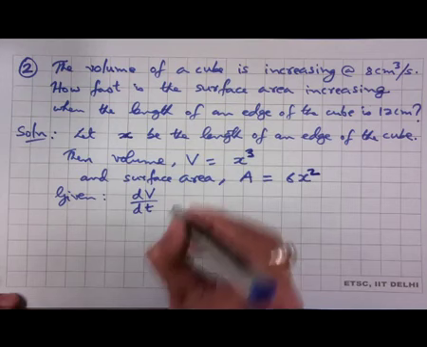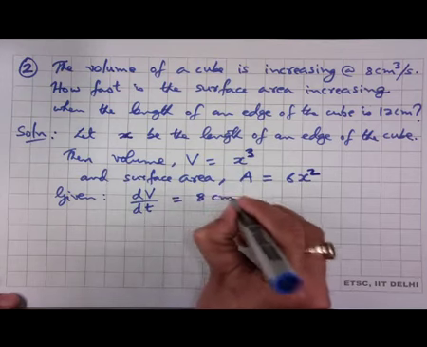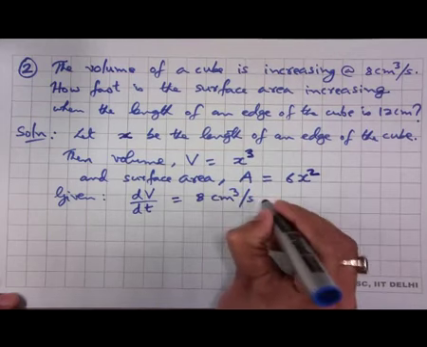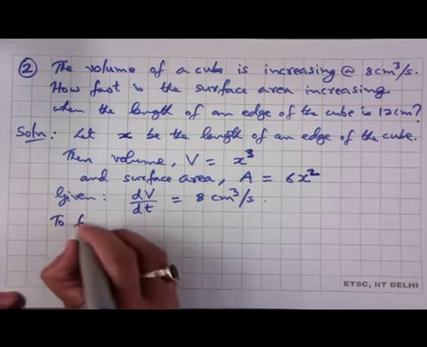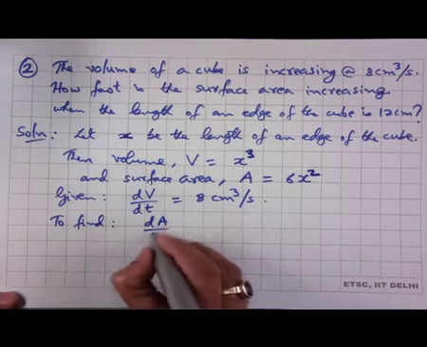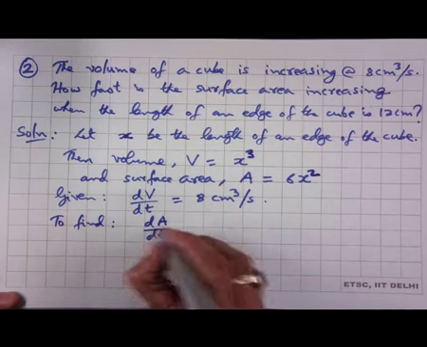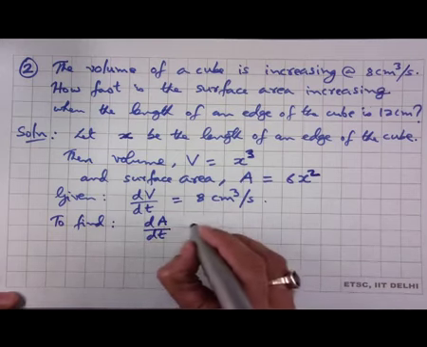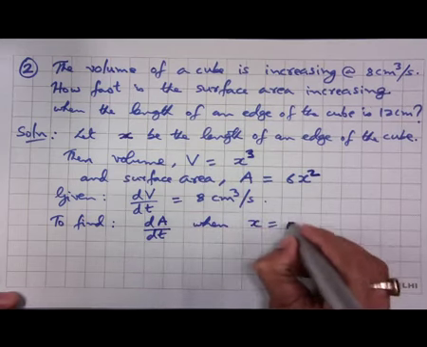So, dV dt is equal to 8 cubic centimeter per second, and we have to find the rate at which surface area is increasing, that means dA dt. What is dA dt when x is equal to 12 centimeter?